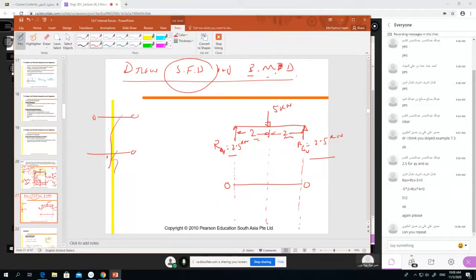Now we start at 0. Start forces at 0. After that, it must start with 0. Why is it 0? Like A, B, C. Suppose you are walking, for example, you start to walk from here.